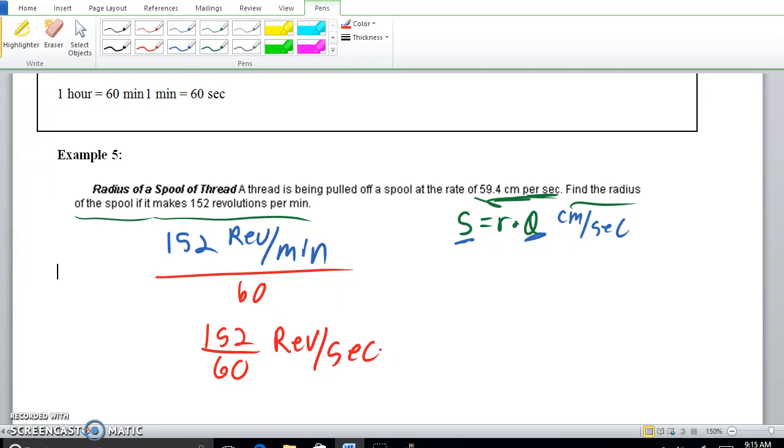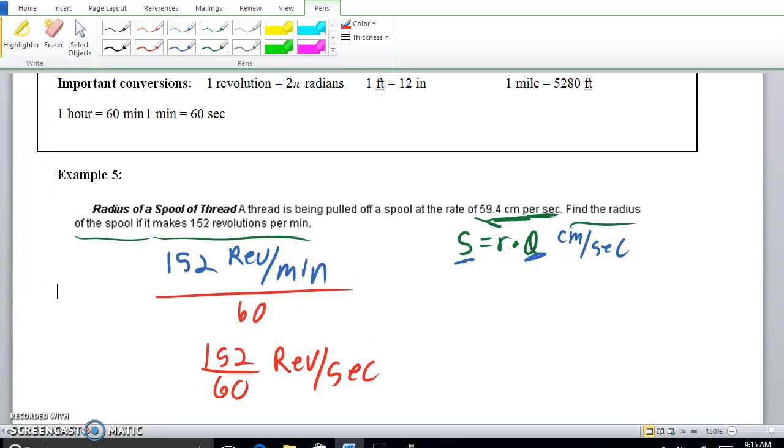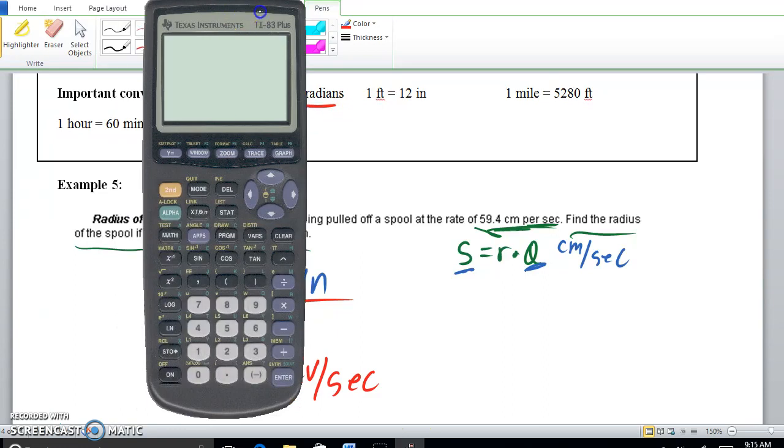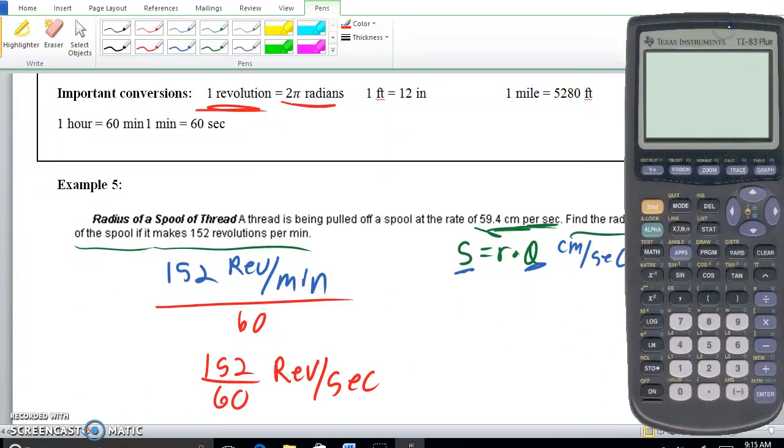Okay, so that's revolutions though. That is not theta, that's not what I want to plug in there. So if we go back up here in my conversions, you can see that one revolution is equivalent to 2 pi radians, okay? And just so we can have a better feel for this, I'll stick this in the calculator so you can see this. 152 divided by 60.